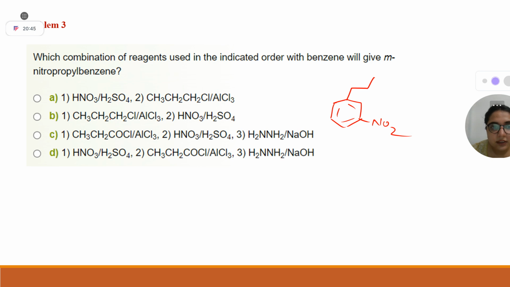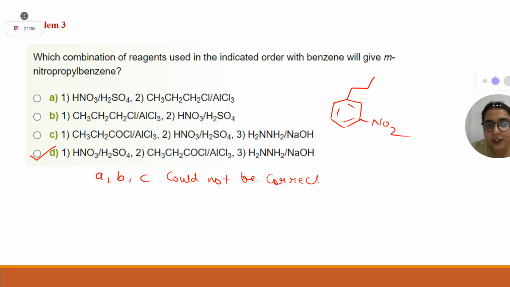Then they are saying alkylation and HNO3, H2SO4. Then they are saying this. Before solving this question, I myself tell you that the answer is option D. But now, can anyone tell me why options A, B, C could not be the correct answer?